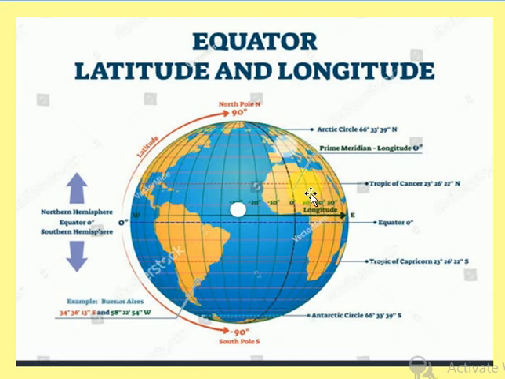Here is an example, if you are able to see it: Buenos Aires is at 34 degrees south and around 58 degrees west. So in this way you can find it out. We'll discuss more on this.